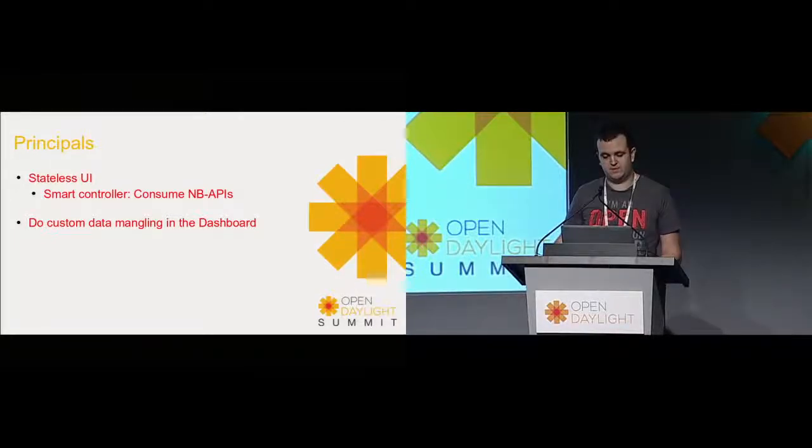If you need to do any custom JSON from multiple API calls, you can do it in the UI app instead. The motivation is, for example, if you have a cluster and want to do a graphing thing for all the different controllers in the cluster, you can have the dashboard do all the API calls instead of having the controller do it.